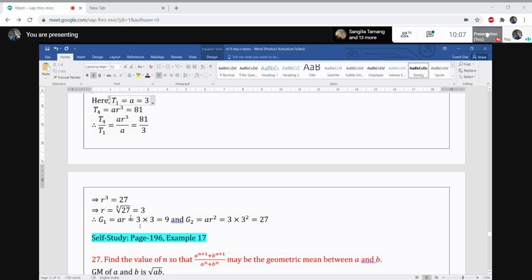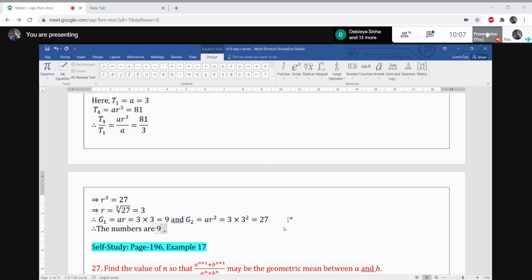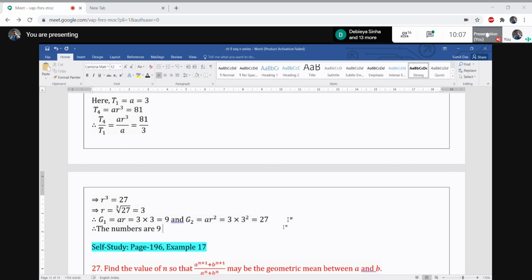So the numbers are 9 and 27. Therefore, the numbers are 9 and 27.